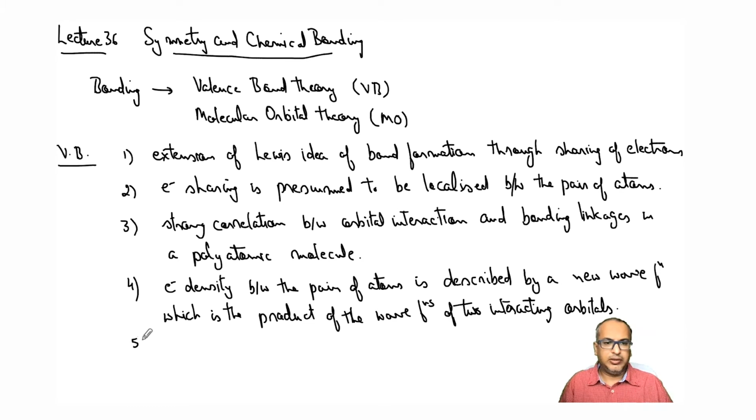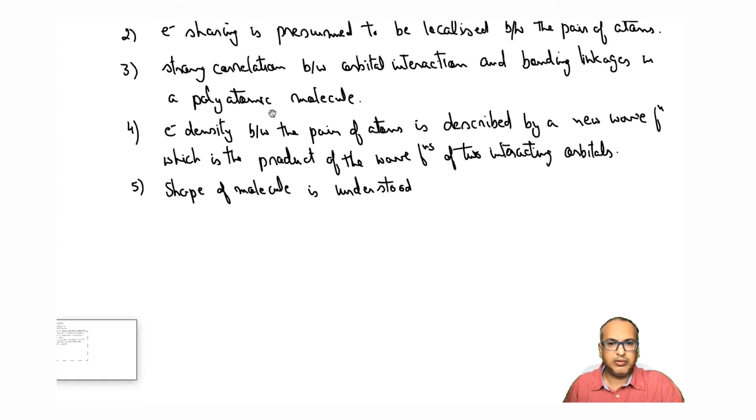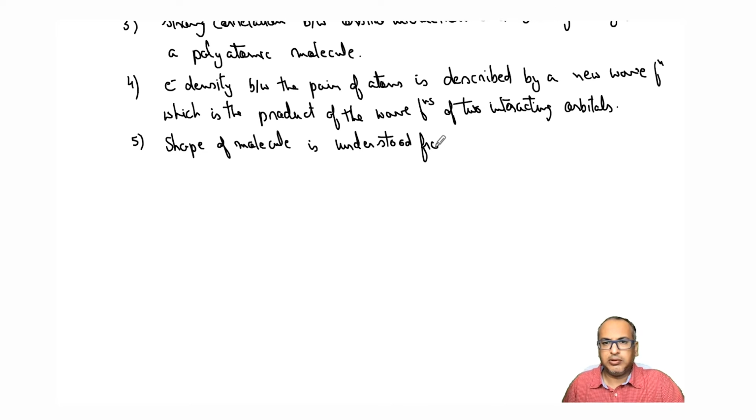And fifth is the shape of the molecule. How do you define the shape of the molecule? The shape of the molecule is understood from VSEPR theory. I'm not going to go into details of what that is.